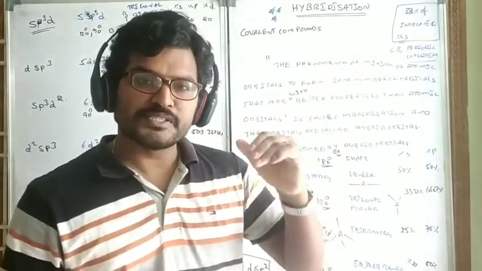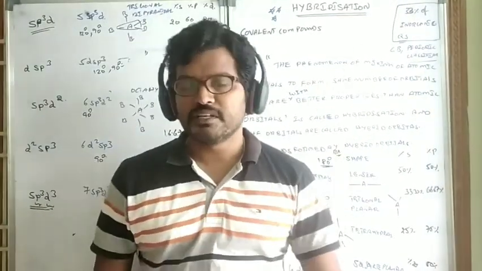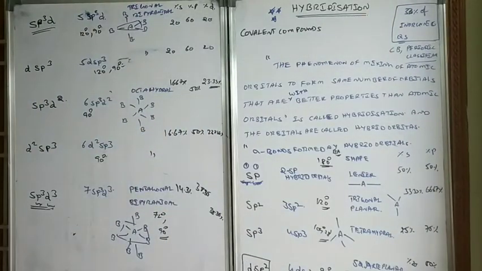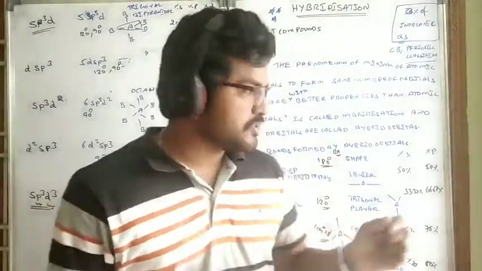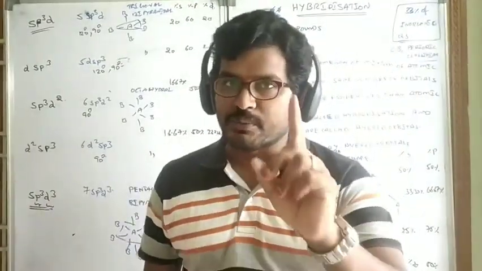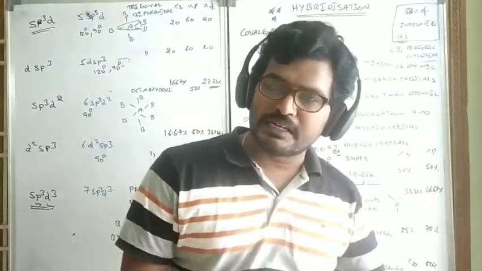Size increases means electronegativity decreases, size decreases means electronegativity increases. So that's why, whenever we are doing problems, you have to look at the hybridization and percentage of s character. If the percentage of s character increases, electronegativity automatically increases.